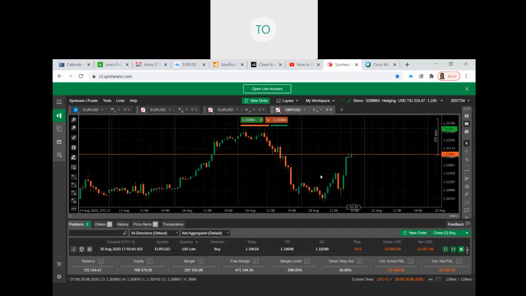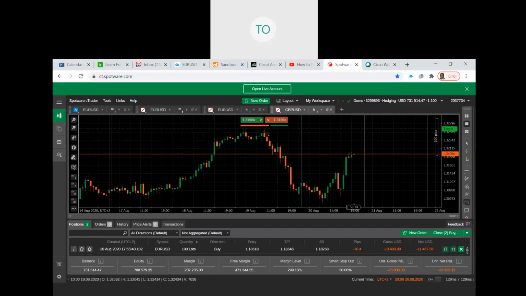How far will it come back? We don't know, right? But if we had marked support and resistance here, the Fibonacci tool will almost trace the same. So come here, get to right here.